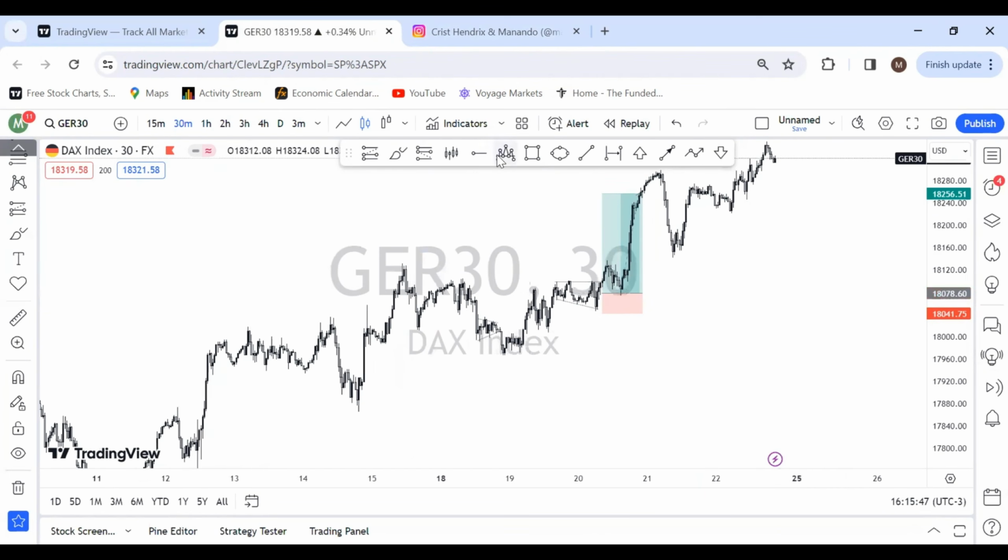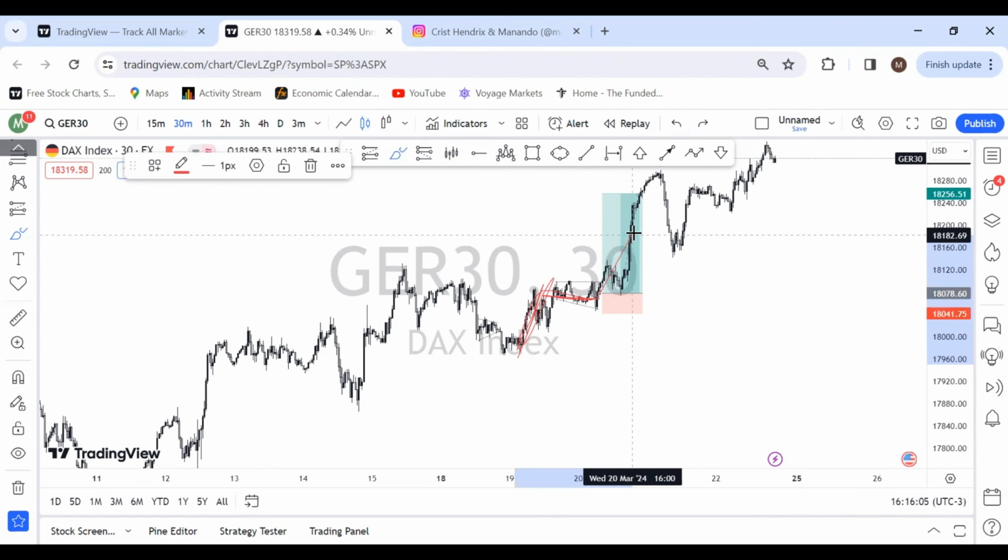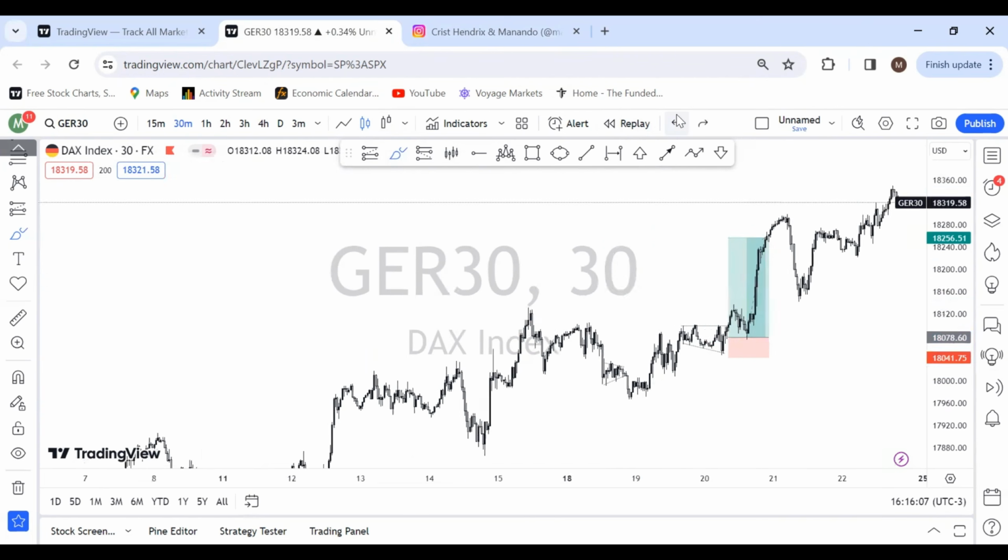So I didn't even do my highs and lows. So basically I just saw this corrective movement right there, and the price gave us an impulse, gave us a correction, impulse. So this was a very basic trade.